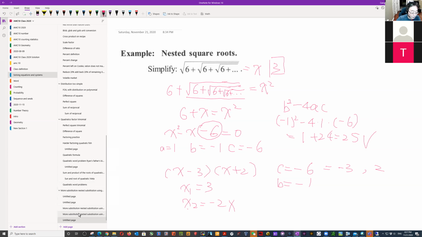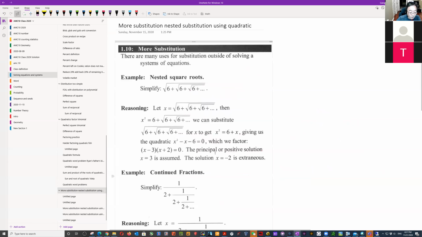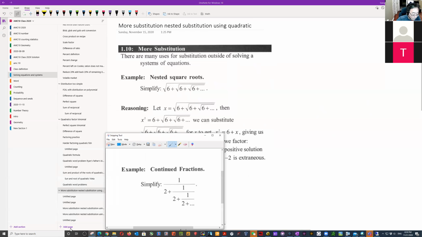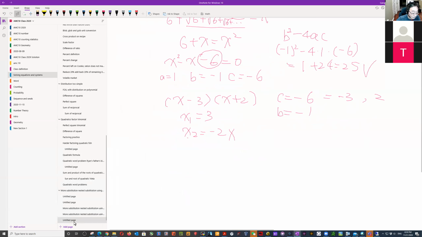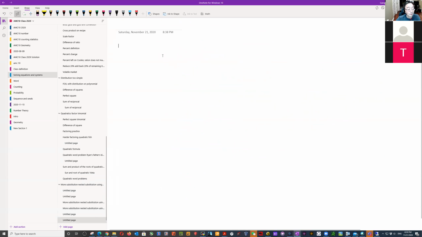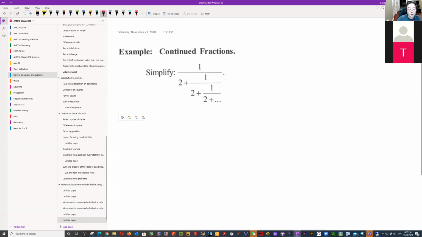So this is another nested one. Let's try to do this one. If we assume this whole expression is equal to x, then if we separate the middle inner part, this part is also equal to x.